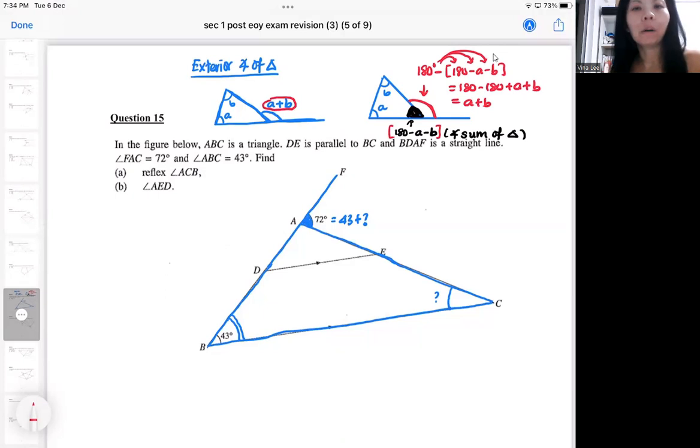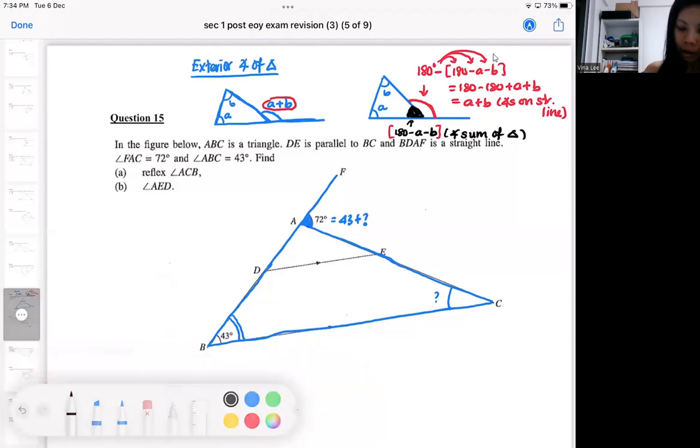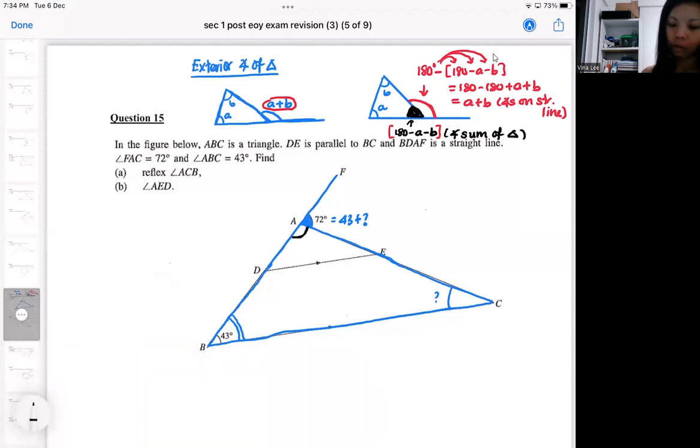So if you are very okay with the exterior angle of triangle, you can use the exterior angle of triangle. If you are not okay, you can use the angle sum of triangle followed by angles on the straight line. They will still give you the same answer. So for example, in this question, I can find this angle. So this angle will be 180 minus 72, which gives me 108.